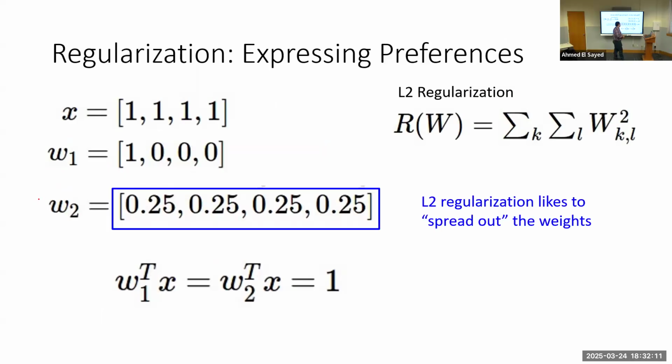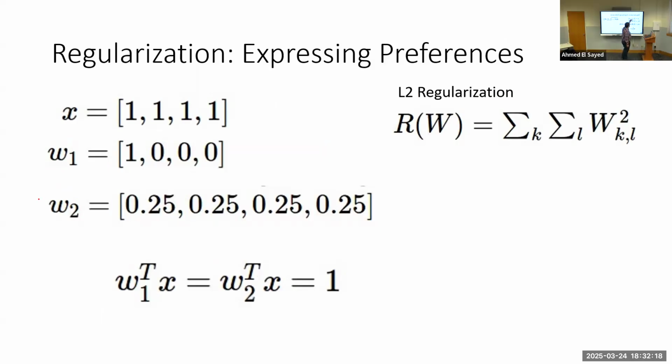What does this mean? Assume that you have this input X. So you have an image, which is 2 by 2. All the pixels are 1. Okay? And you have two W's right now. This W and this W. If you calculate the loss based on W1, the loss value will equal what?